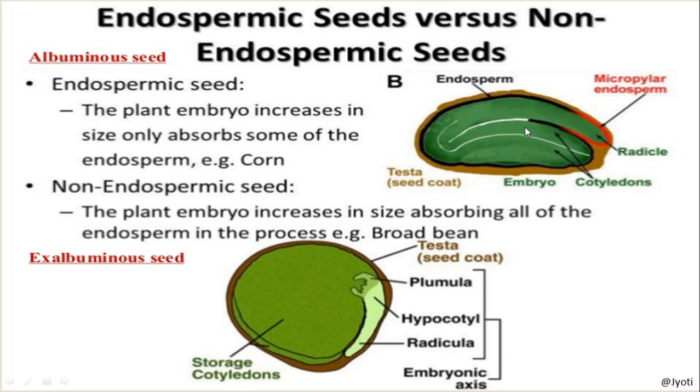The first one is the endospermic seed. Here most of the portion, the dark green colored structure, is occupied by the endosperm, and here you can see the green colored structure is occupied by the cotyledon. So the cotyledon stores the food, whereas in endospermic seed the endosperm stores the food.